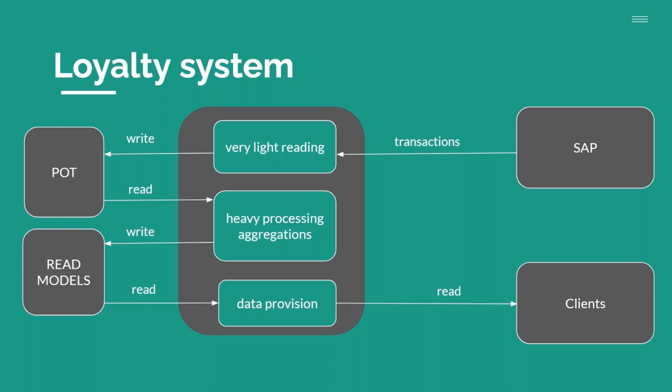And then we had processes that were reading this table. They decrypted the records, and here we did all the heavy lifting, all the real validations and aggregations and all of that. So we know that the customer bought something and they deserve some points and status.